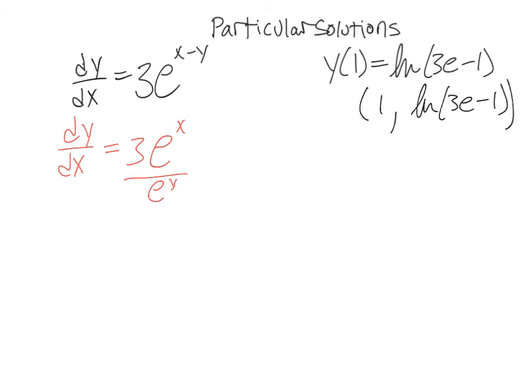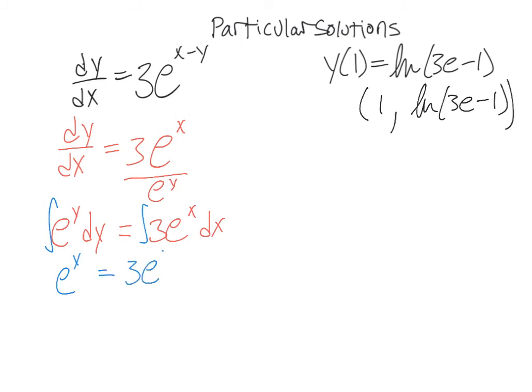And then when we separate our variables, we're going to move the y stuff on the other side. We get e to the y dy is equal to 3e to the x dx. We do our integration. E to the y is going to be e to the y. 3e to the x is going to be 3e to the x and then plus some constant.